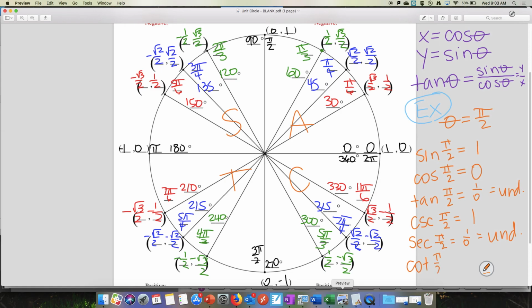What about the cotangent? It would be 0. So the cotangent we can think of as cosine over sine or x over y. In this case, that would be 0 over 1, which is 0. Notice how the reciprocal of 0 is undefined. The reciprocal of undefined is 0. That's going to happen, especially at those quadrantal angles with some of your ratios.